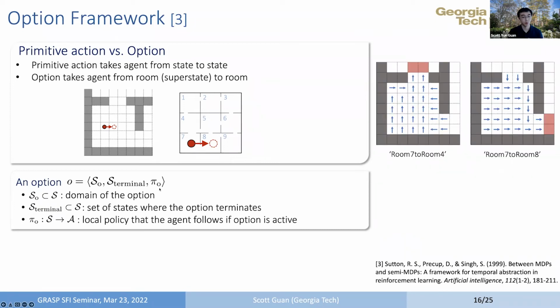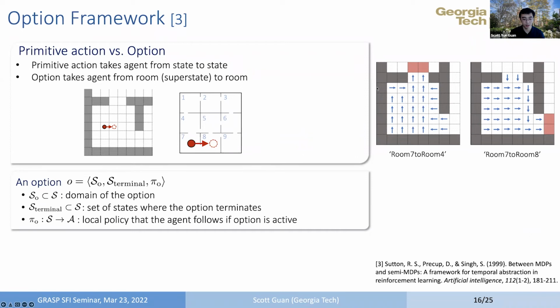For the pursuit-evasion game, we want to generate options that navigate the agent from one room to a neighboring room. In a more general stochastic game, we generate options that help the agent transition from one superstate to another superstate. The two figures here present the policy for the option room 7 to room 4 and room 7 to room 8.